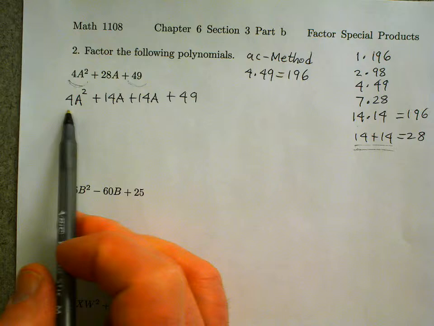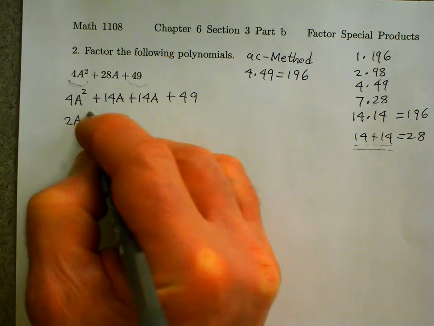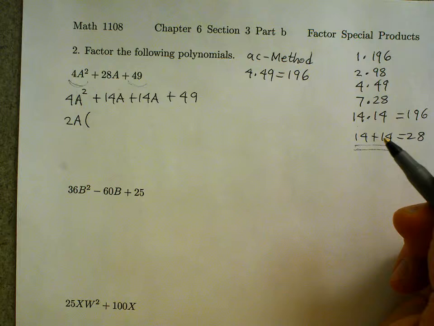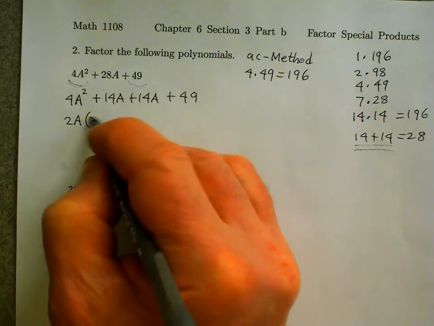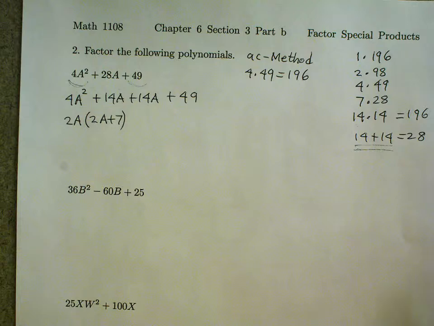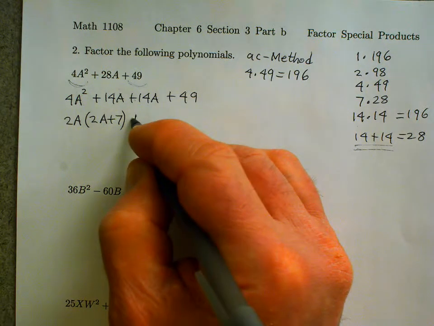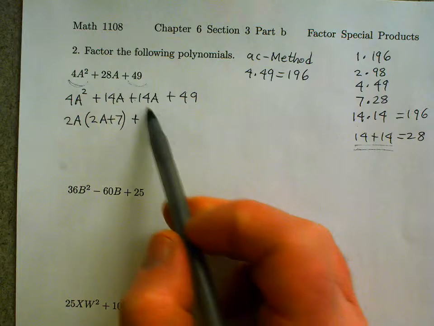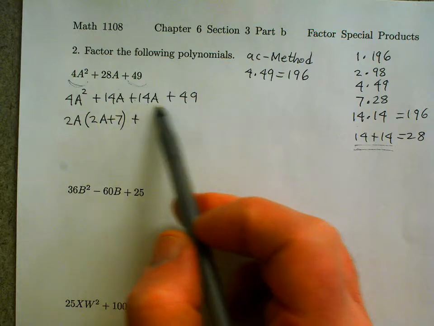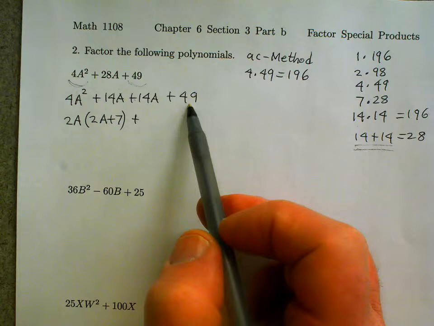Out of the first two terms, we factor out 2 times a. And the binomial that stays behind is 2a plus 7. The middle operator is addition, so we bring down addition. And then group the third and fourth terms. The greatest common factor of 14a and 49 is 7.